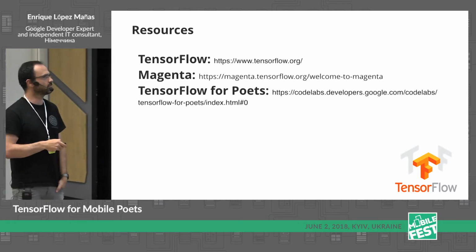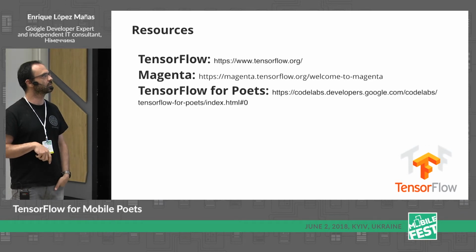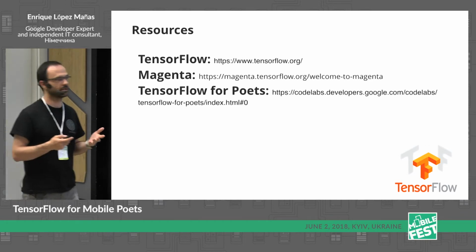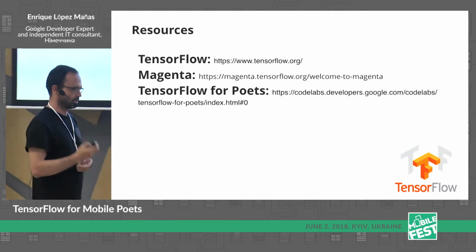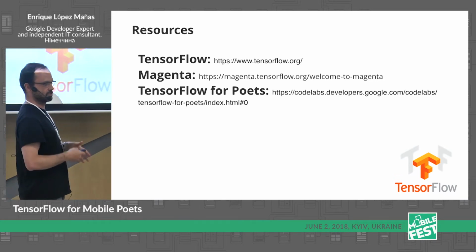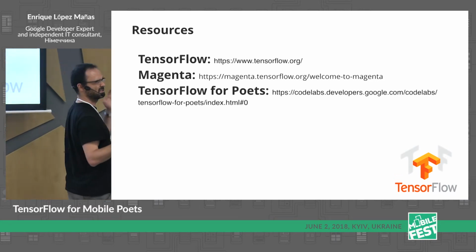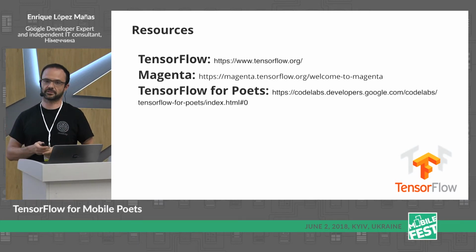And if you want to move a little bit more into the really technical part of TensorFlow, there is a code lab from Google called TensorFlow for Poets, and they teach you how to install it locally, how to train all the models, how to perform a few more operations, etc. It takes like 4 or 5 hours, if I remember right. I think it's a very cool starting point if you want to get a little bit deeper into TensorFlow.